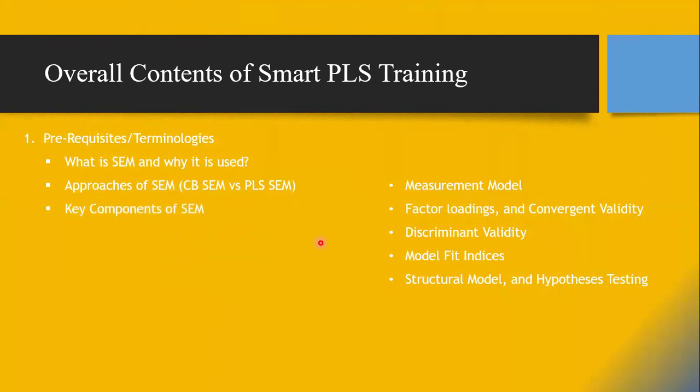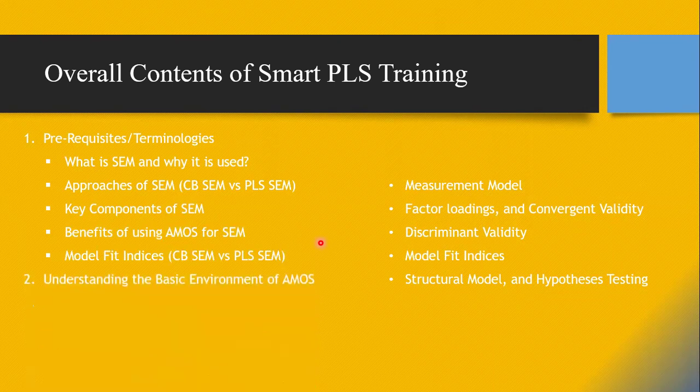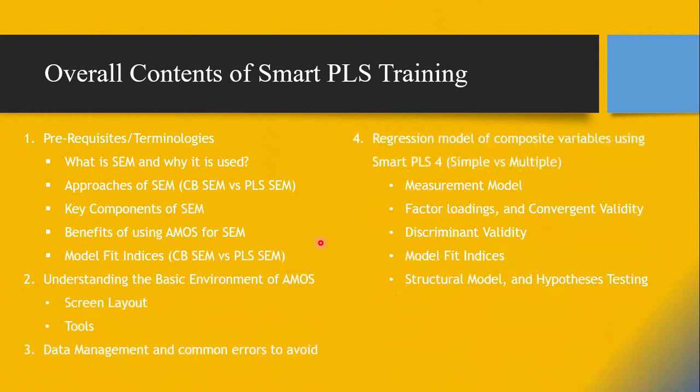Then we have key components of SEM that we will discuss in detail. Benefits of using Smart PLS for SEM, model fit indices in CB-SEM versus PLS-SEM, understanding the basic environment of Smart PLS, screen layout, tools, data management and common errors to avoid.